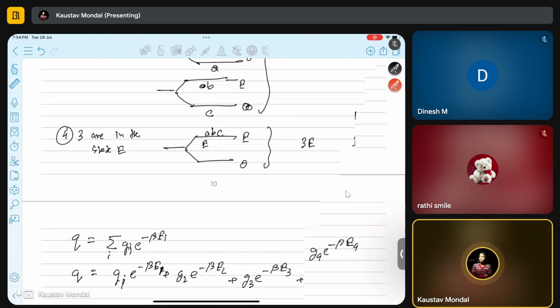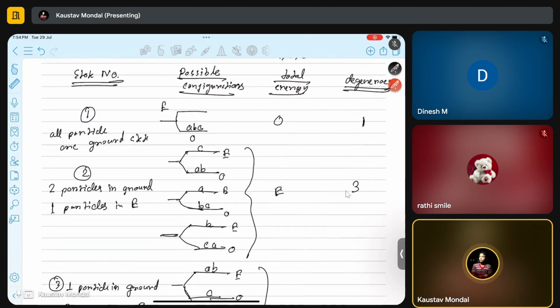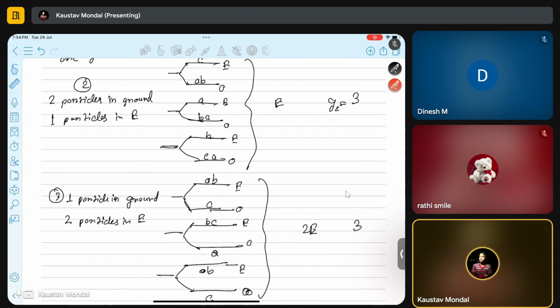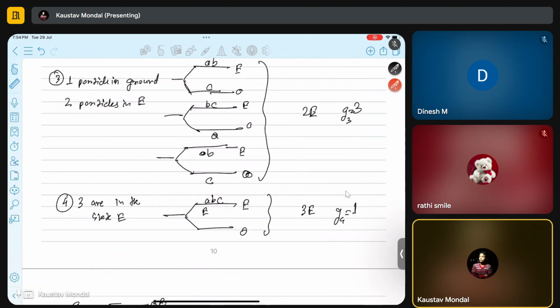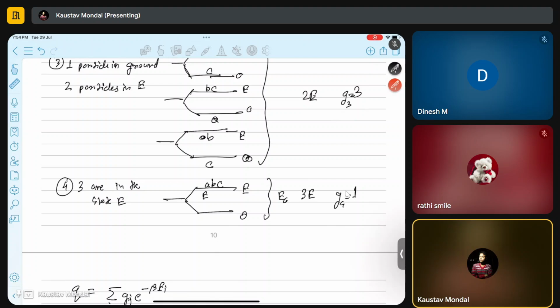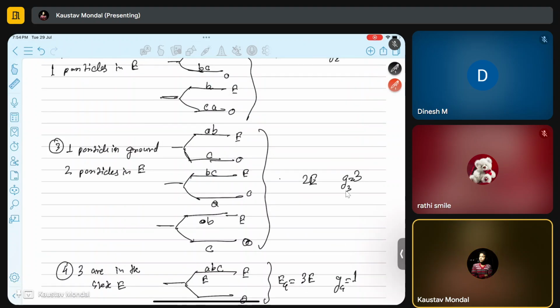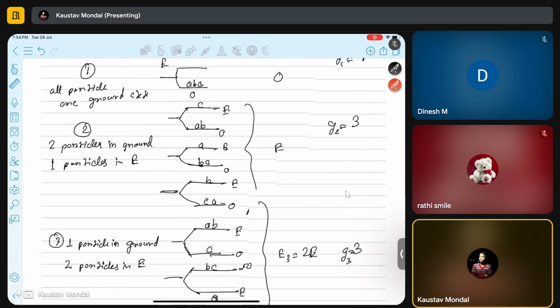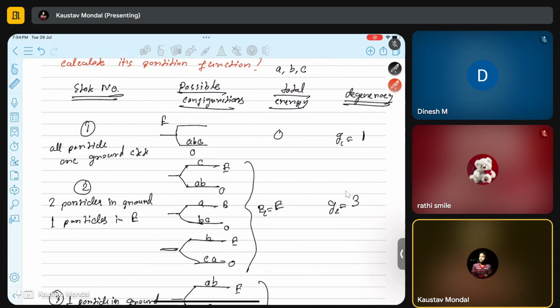So here q: g1 is here 1, right? This is g1, this is g2, this is g3, and this is g4. Similarly, this is e4, this is e3, this is e2, this is e1. Okay.